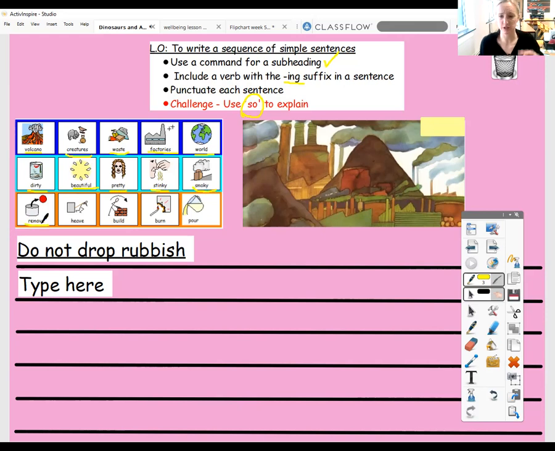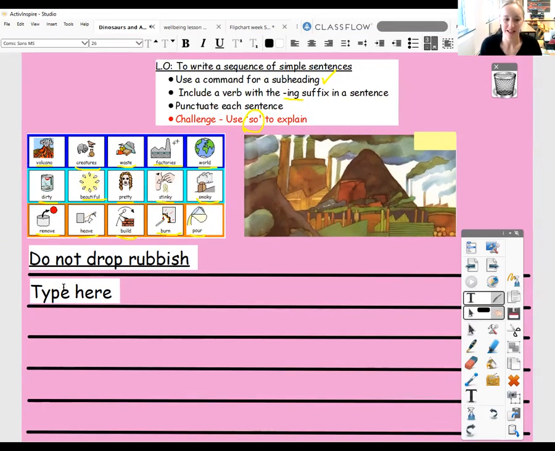We've got remove, which means to take something away. Heave, pull something heavy. We've learned that in one of our story times. Build, burn, and pour. Can you remember how we pour something? So these are all words we've explored through this unit. So you might want to try and include them in our information leaflets today.